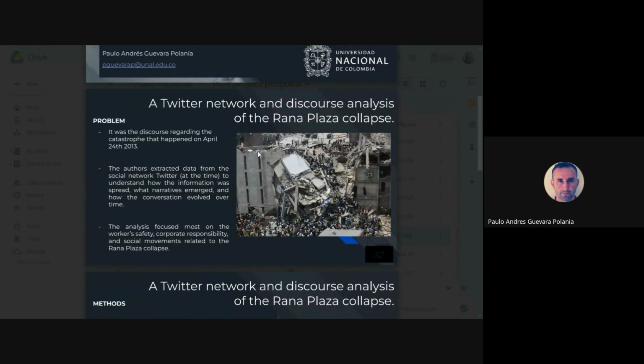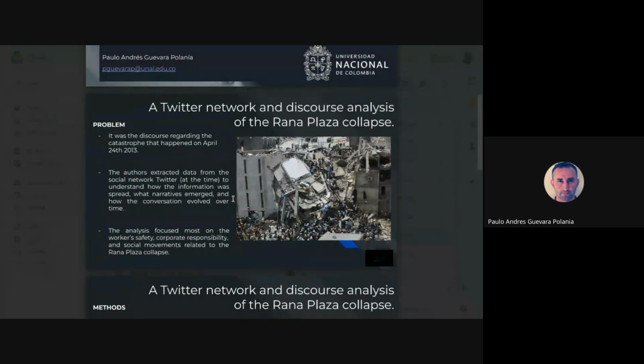This analysis covered the range of time between 2013 and 2022, combining tweets and trends, using quantitative network theory and qualitative discourse theory methods to study the impacts of this collapse.